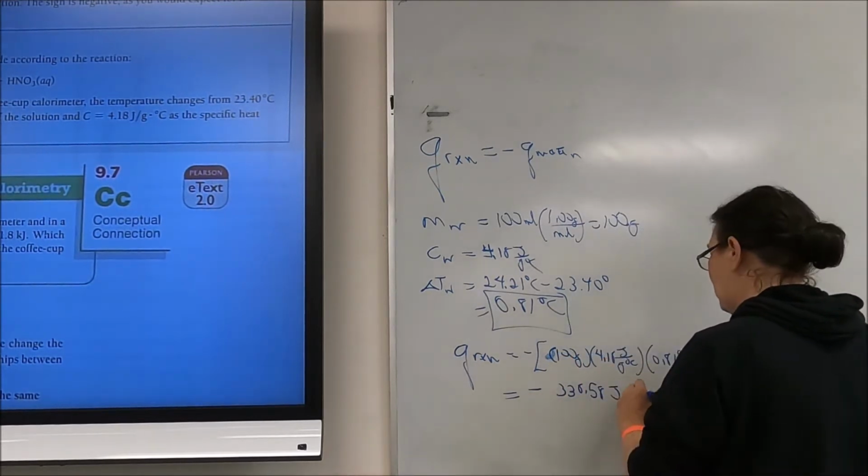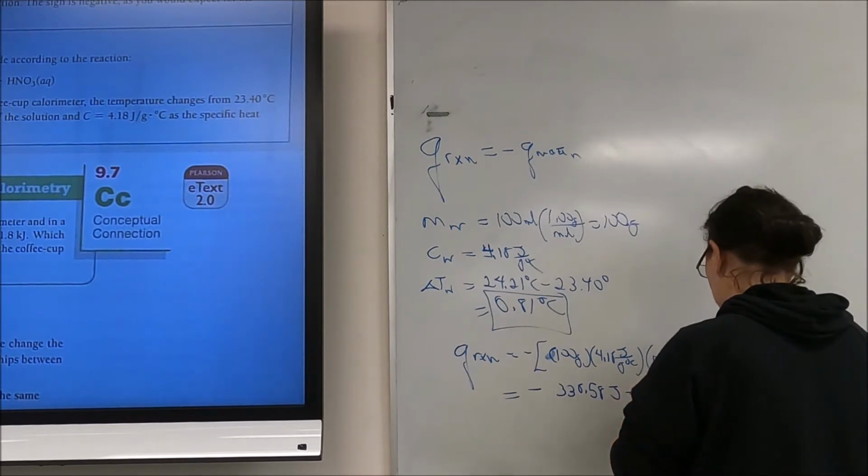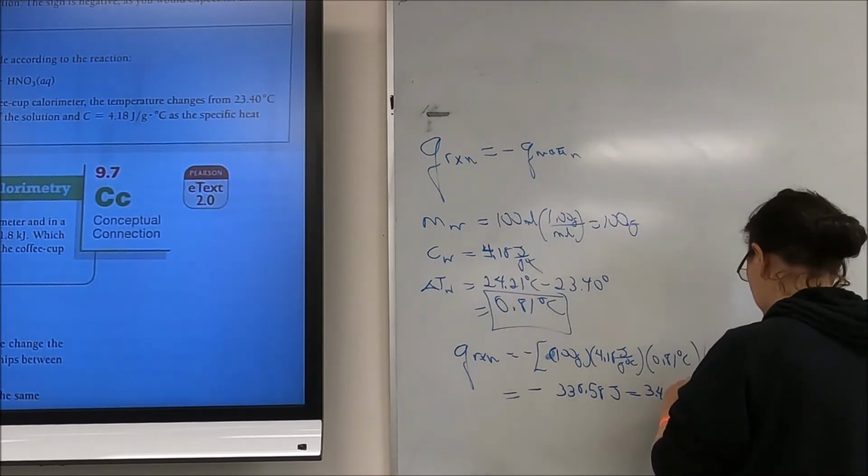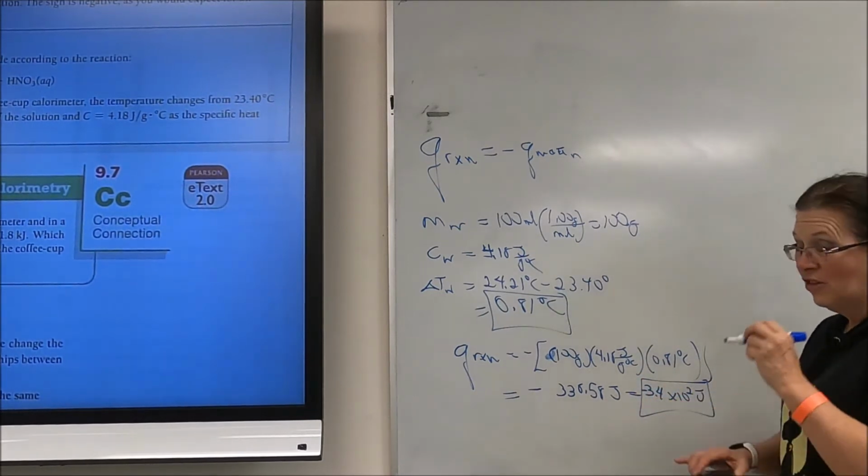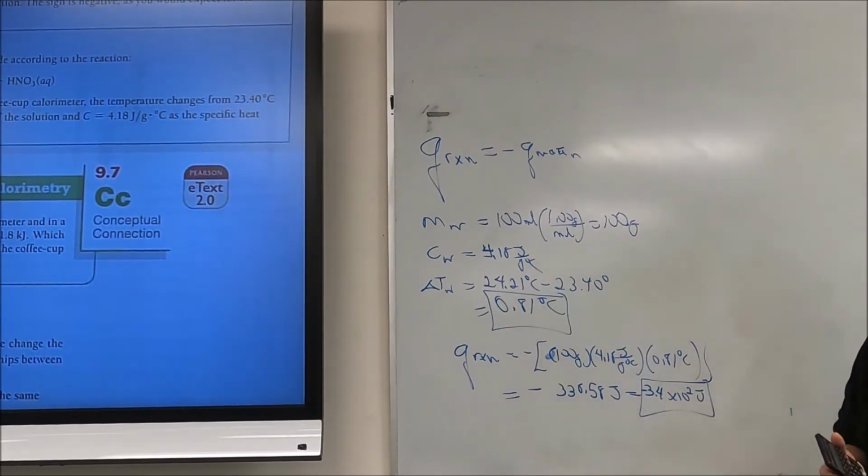Now I should only have two significant figures, so I go 3.4 times 10 to the 2 joules, and it's negative. The negative tells us the reaction was exothermic.